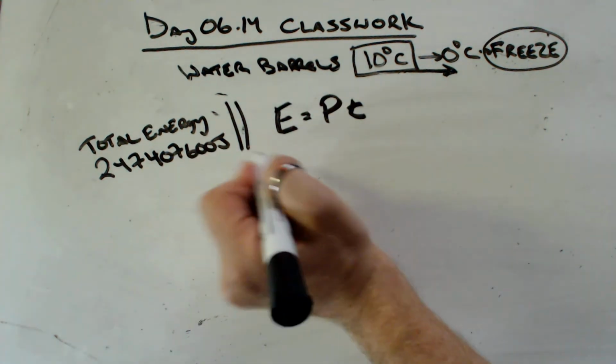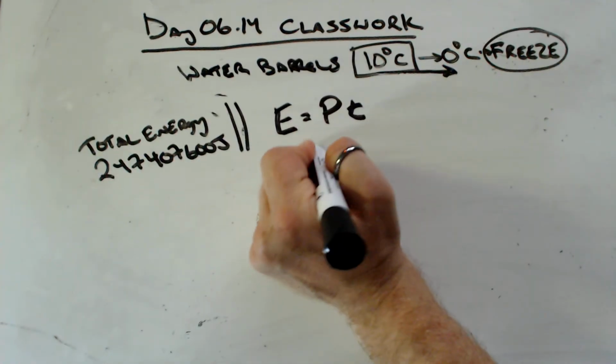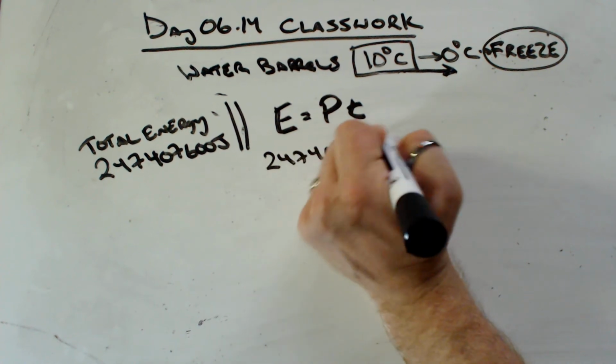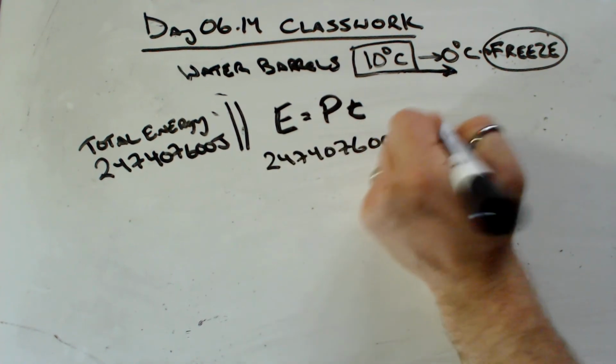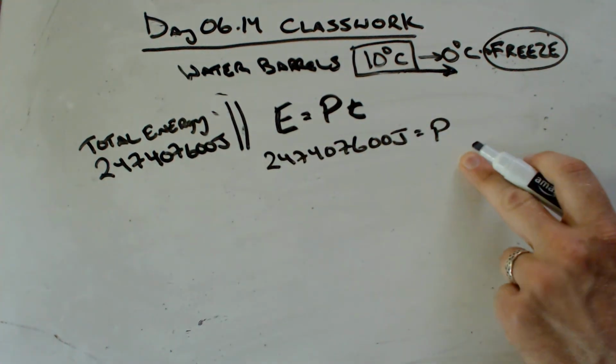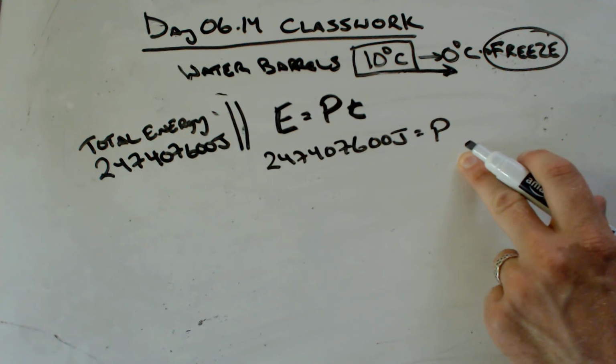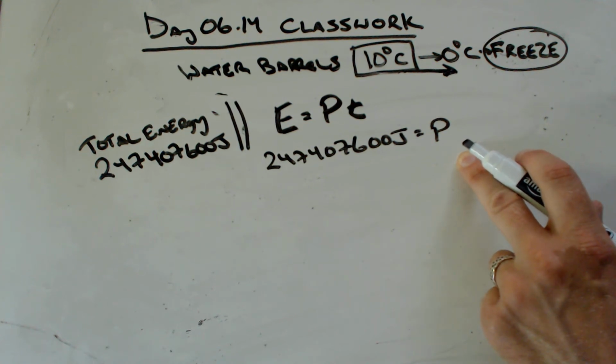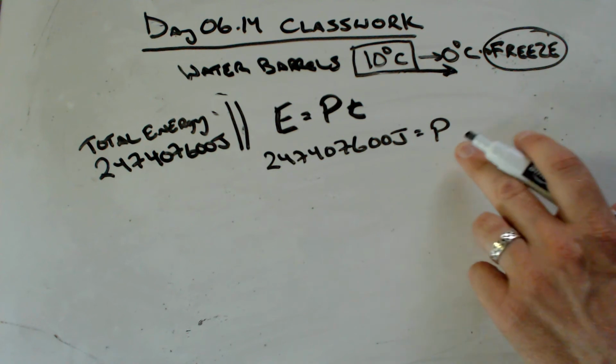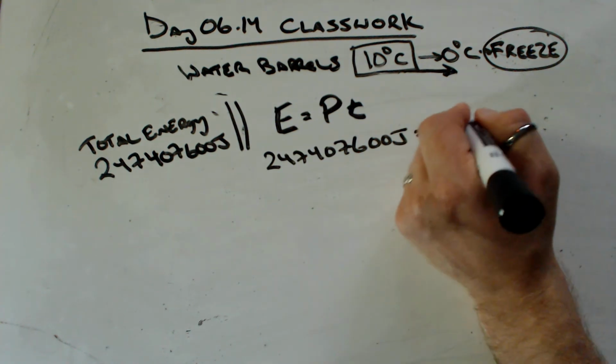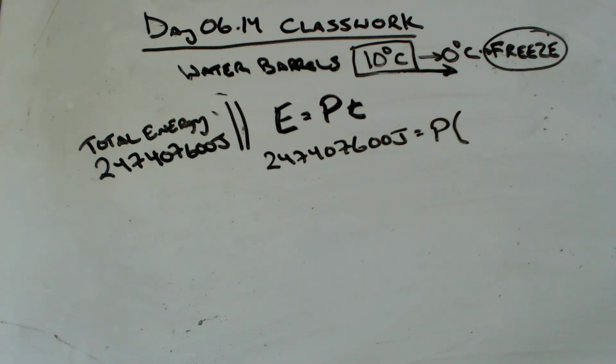So this number here, 247,407,600 joules, equals P times t. So we could find the electrical power, and then given the information we have, we can probably find the current that we ultimately want to find. Now this occurred in the problem over 9 hours.